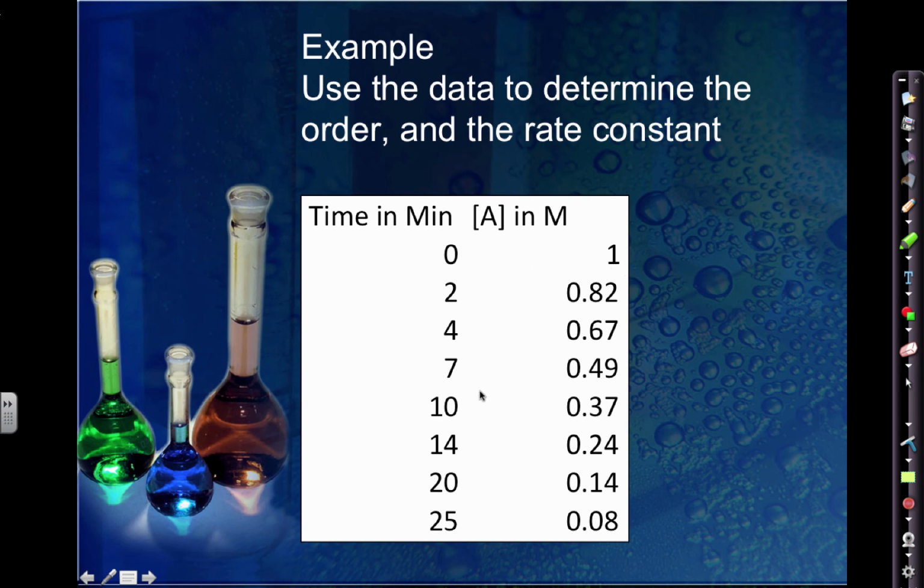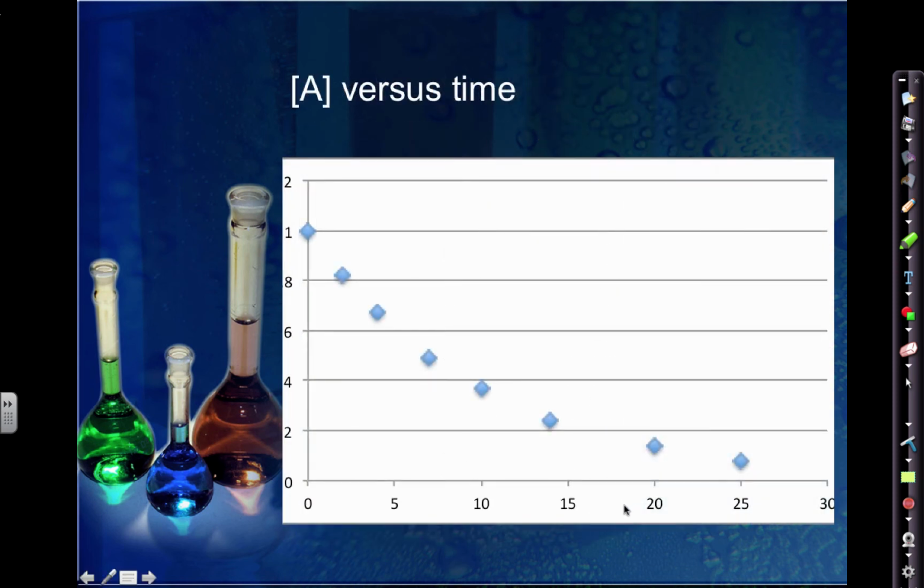So what you do here is you can take your calculator and plot this. Let's say that you take the concentration and you plot it versus time. Well, it's not a straight line. So if I plot this versus this and it's not a straight line, it's not zero order. So that means it's either first or second.